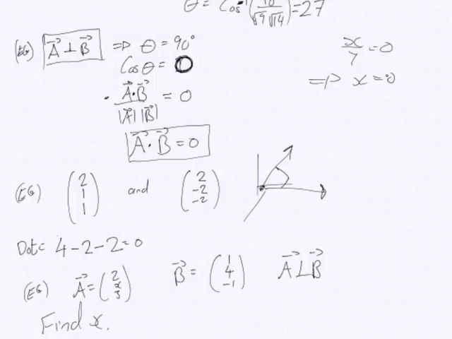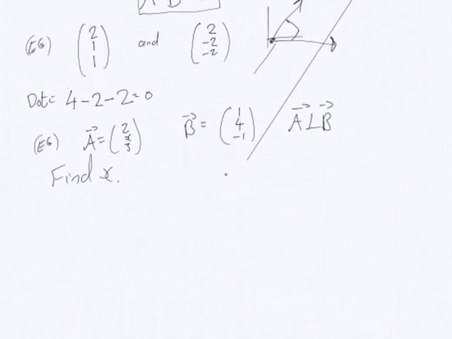Did you get x? Good. Right, so what do you do here? Multiply A and C together.